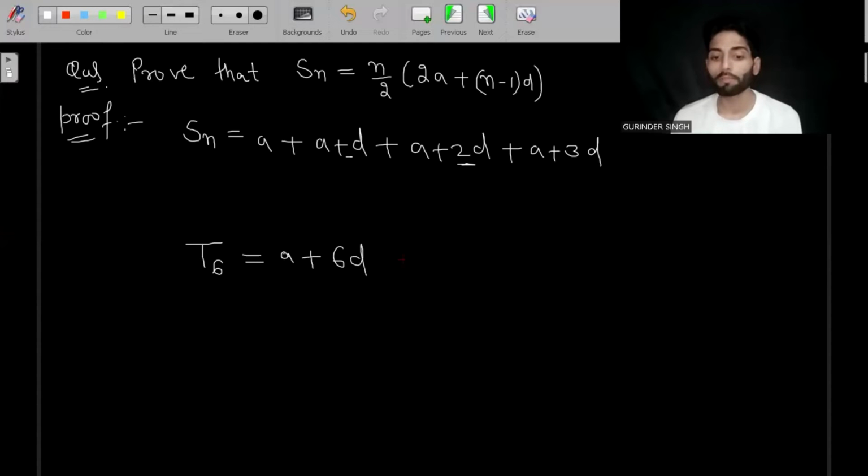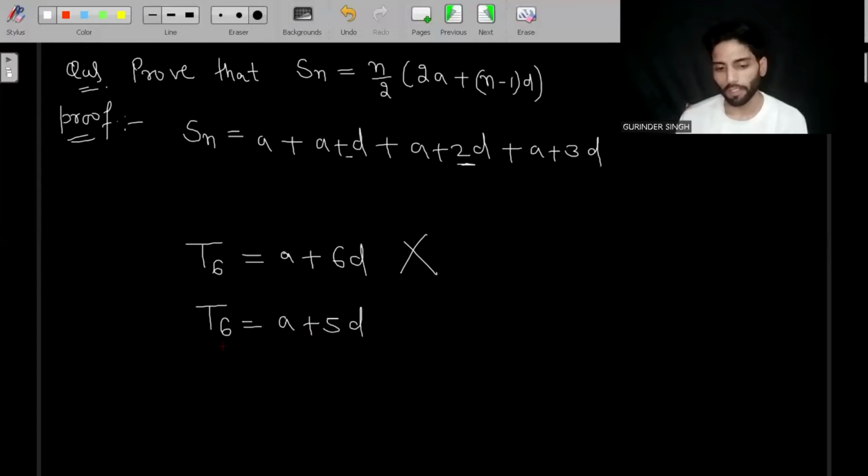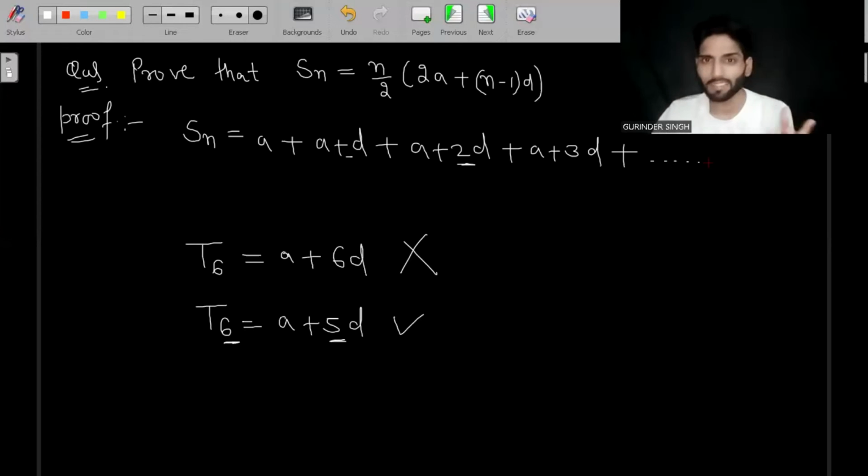This is wrong. The correct one is T6 is equal to a plus 5d. If there is n, it will be n minus 1; one is decreasing always. And so on, the last term is nothing but the general term of AP. Nth term Tn is equal to a plus n minus 1 into d.